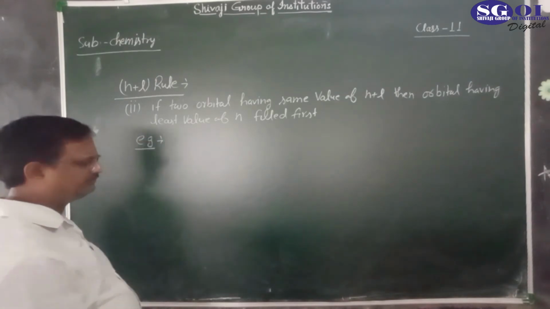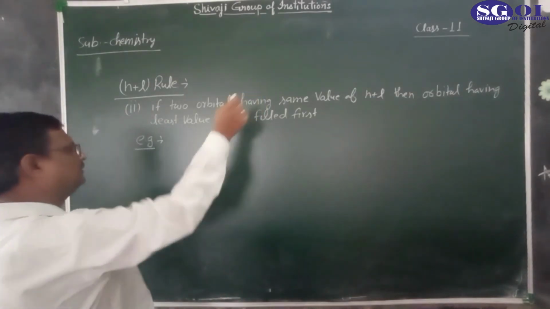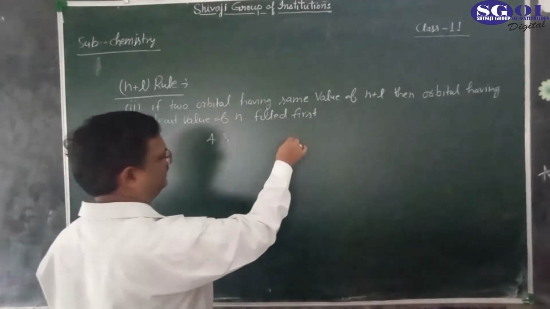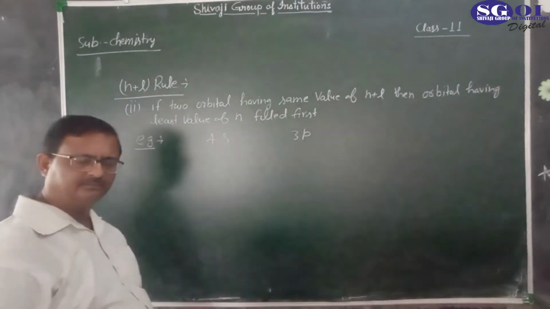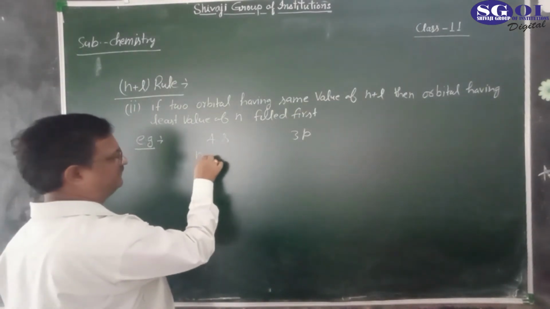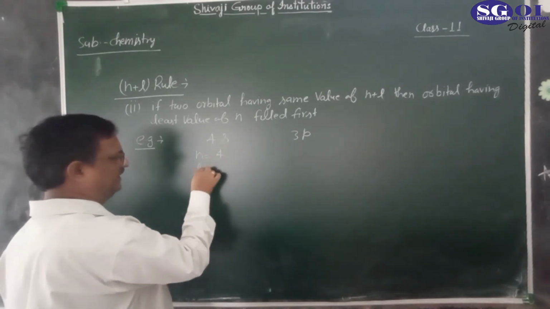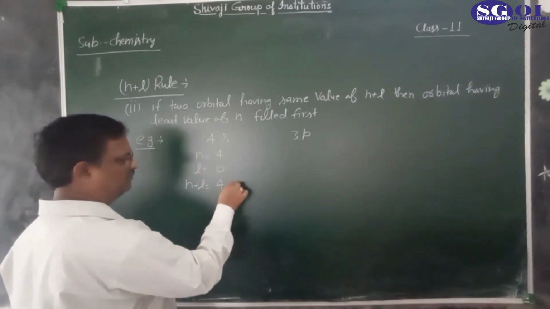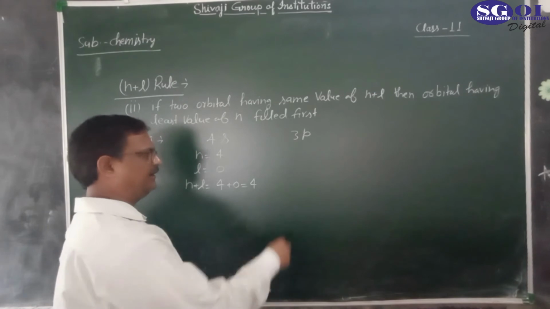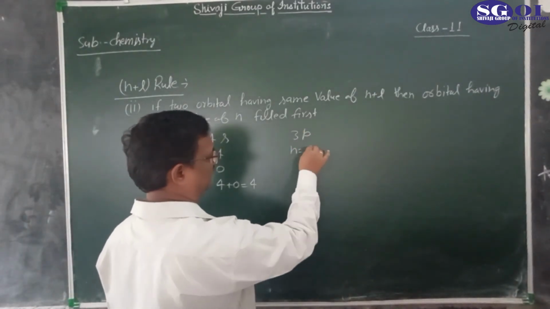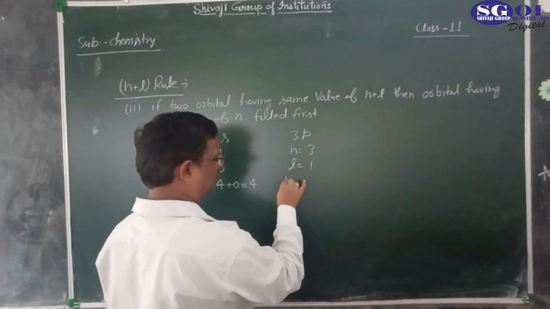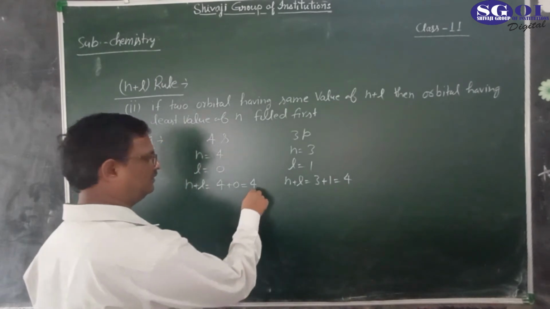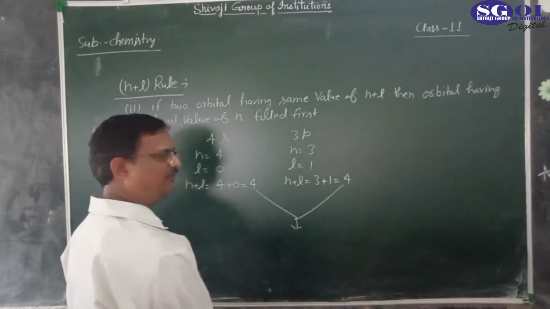That is 4s and 3p. For 4s, n is 4, l is 0, and the value of n plus l is 4 plus 0 equal to 4. Now for 3p, n is 3, l is 1 and n plus l is 3 plus 1 equal to 4. These two orbitals have the same value of n plus l.